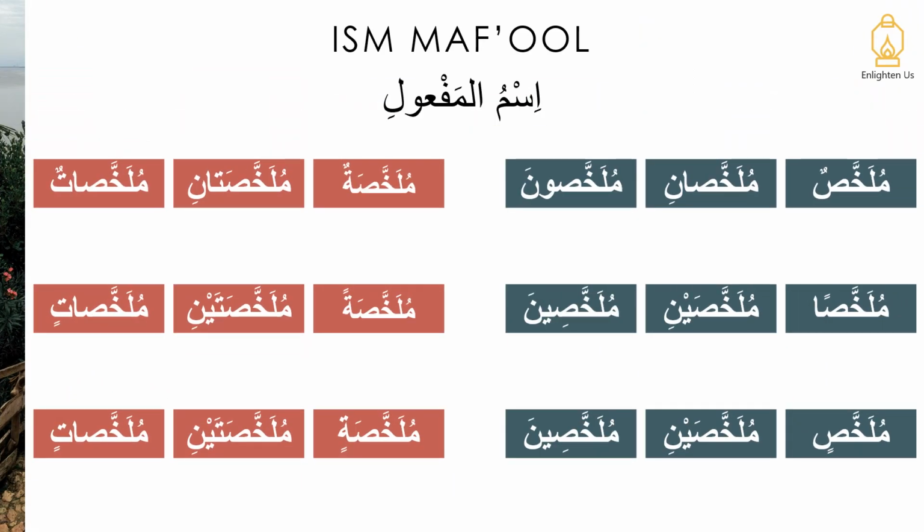Now let's have a look at the ism maf'ul. The word that we're expanding on is mulakhasun. Mulakhasun, mulakhasan, mulakhasin, mulakhasani, mulakhasaini, mulakhasuna, mulakhasina, mulakhasatun, mulakhasatan, mulakhasatin, mulakhasatani, mulakhasataini, mulakhasatun, mulakhasatin.